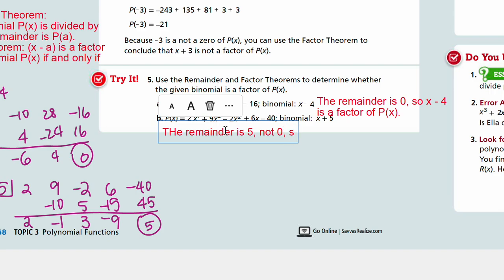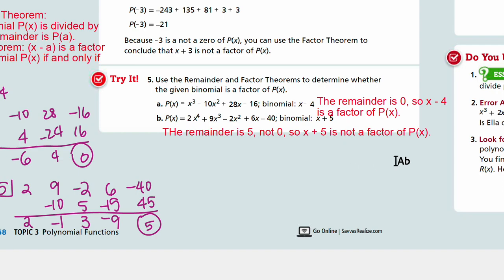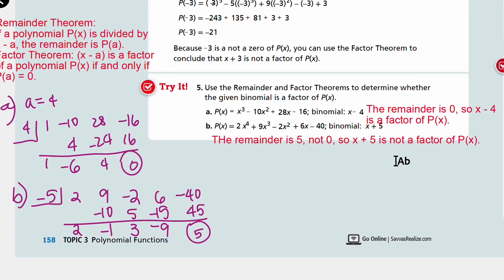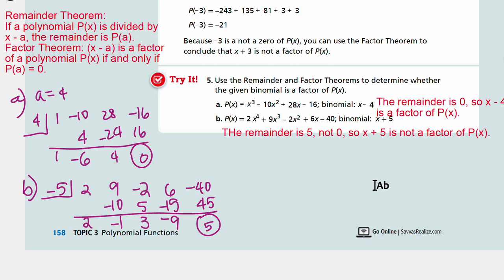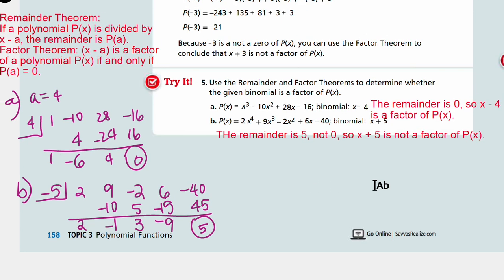So x plus 5 is not a factor of p of x. Okay, there we go. So check your answers and see if you got it right. If you didn't, please look back in your own work and see where you made the mistake.